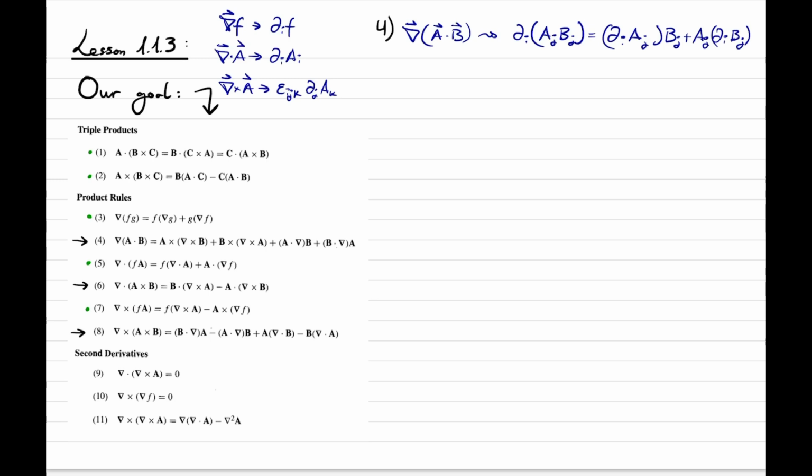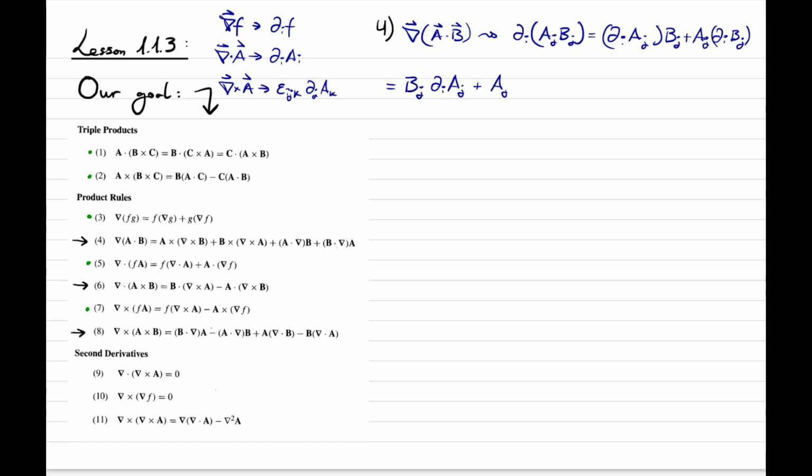So now we are going to do a trick, which is we are going to copy the exact same thing. I'm going to drop the parentheses because it's going to be understood that what's on the right hand side of the del operator is what it's deriving.